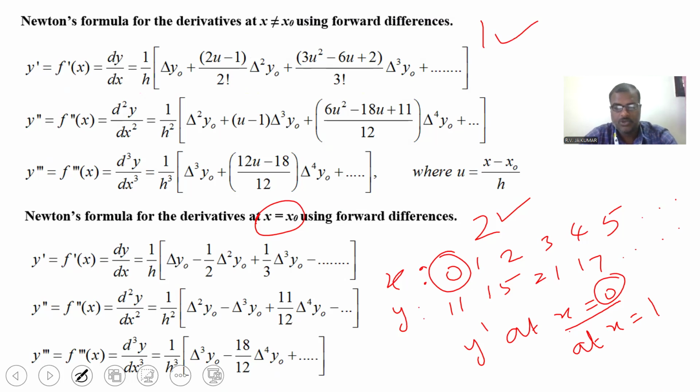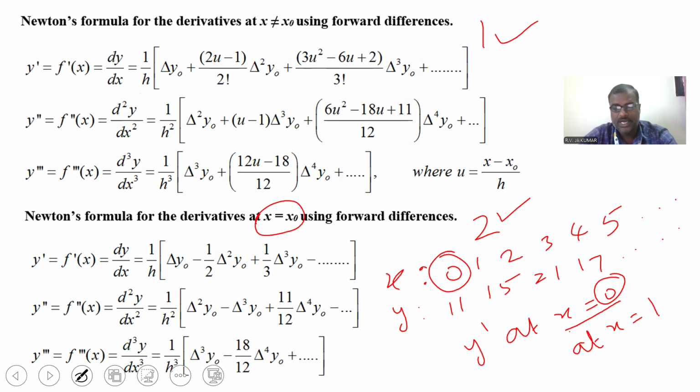You have to divide the table equally into two parts. If the value of x is in the first part of the table, you can use forward difference. If the value of x is in the second part of the table, we can use backward difference. This is the usual method to choose the formula properly.